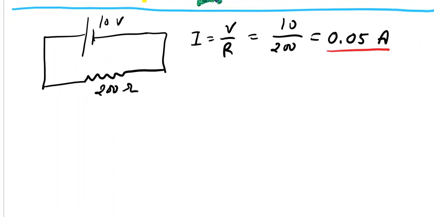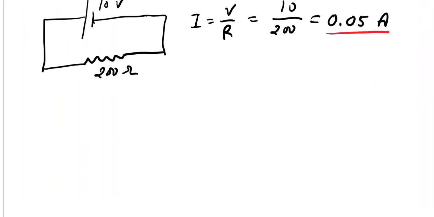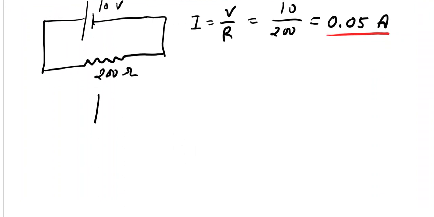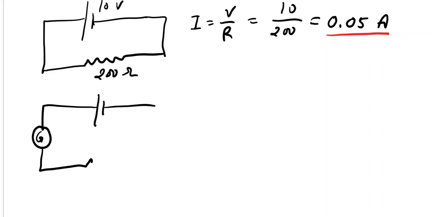Now we are talking about measurement. So what happens when you try to measure? First of all, you will have to connect your current measuring device in series with the component. So if 200 ohm resistor is our component through which we want to find out current, we will have to connect current measuring device in series. So I'm trying to measure current with galvanometer, and so I have connected galvanometer in series.